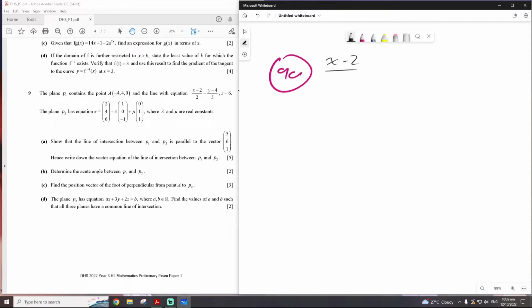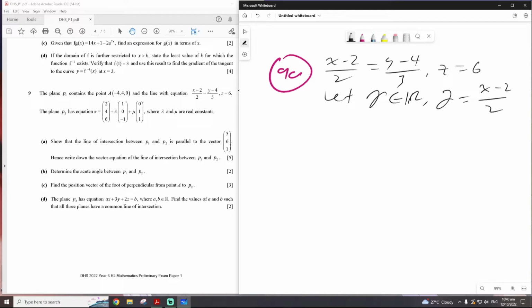So (x minus 2) over 2 equals (y minus 4) over 3, and z equals 6. So let there be a parameter gamma. Gamma equals (x minus 2) over 2. Then we can actually obtain the vector equation in terms of gamma, right?